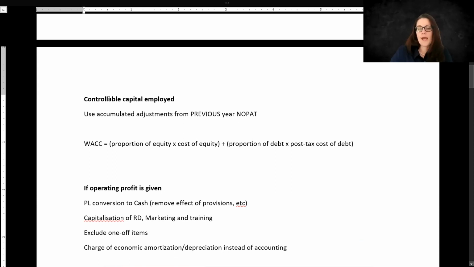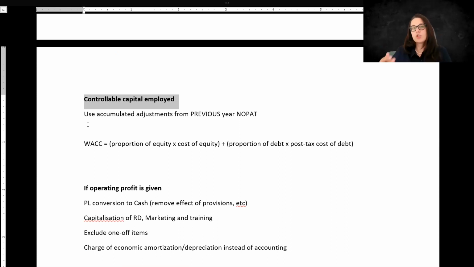And as for capital employed, we need to clearly state that capital employed is taken at the start of the year. If we take accounting capital employed, the one that we take from financial statements by taking share capital, share premium, retained earnings, for example, and long-term debt, we will need to add adjustments for all notional operating profit after tax for previous years.